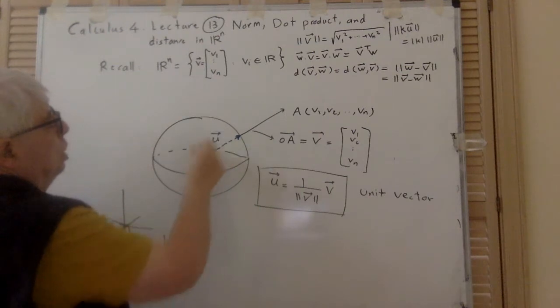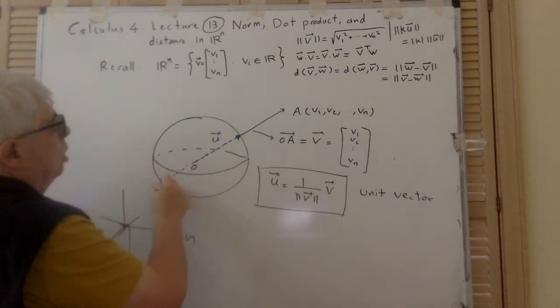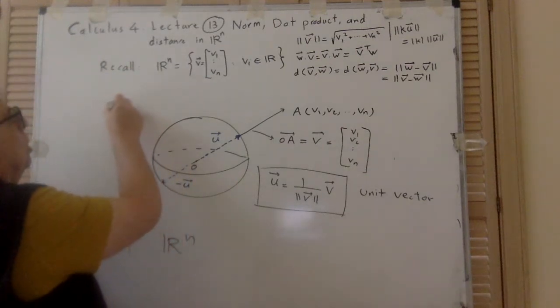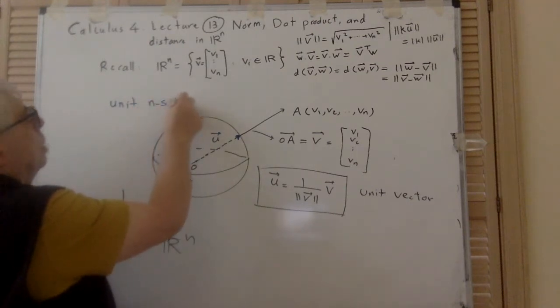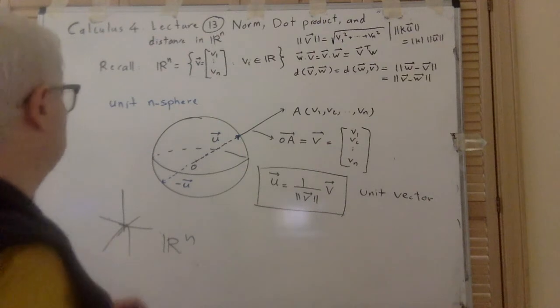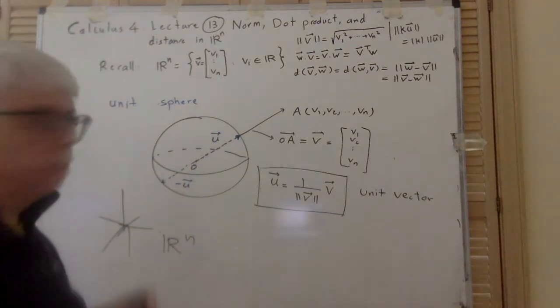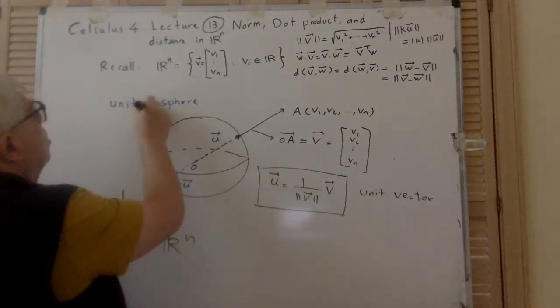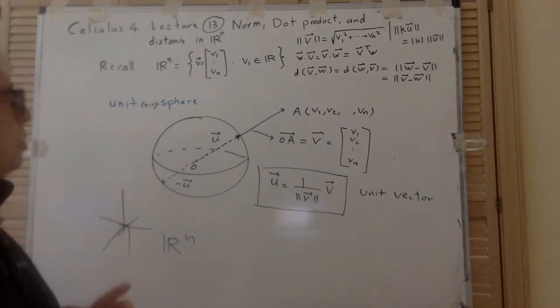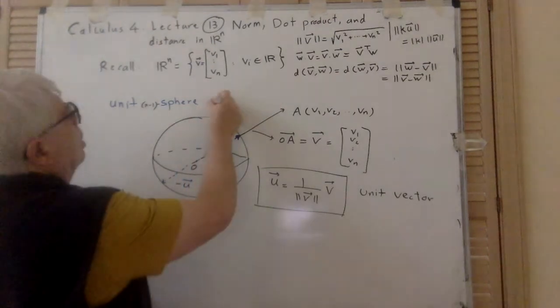So this is U, and there's another one which goes this way, and minus U. Okay, so this is what we call the unit n-sphere. So the circle in R2 is in fact the unit 1-sphere. In Rn, it should be the unit n minus 1 sphere, because it has n minus 1 dimension. And we write it as S^(n-1).